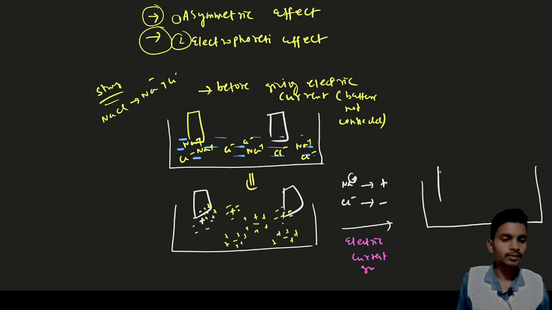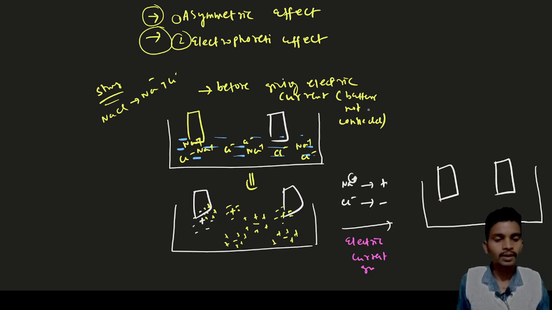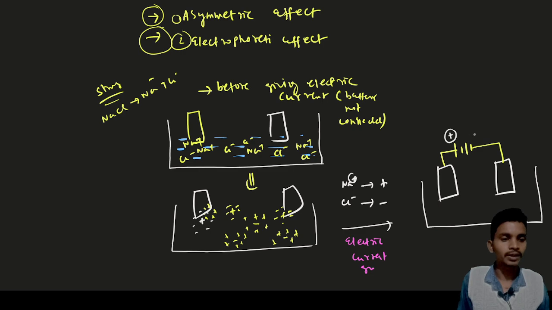One side of the battery is positive and the other side is negative. So one electrode rod becomes positively charged and the other rod becomes negatively charged.